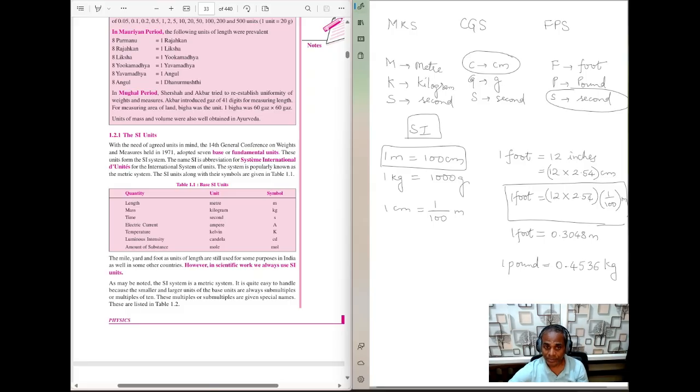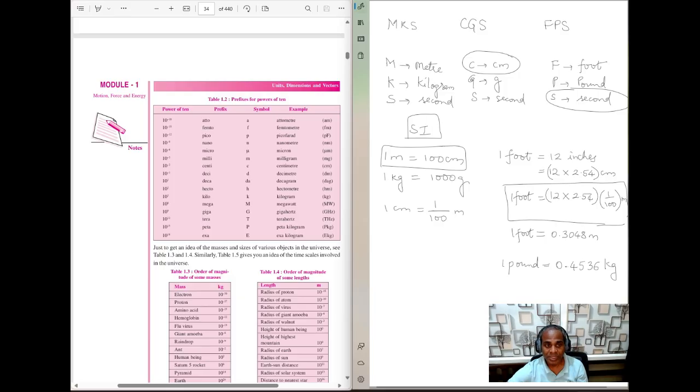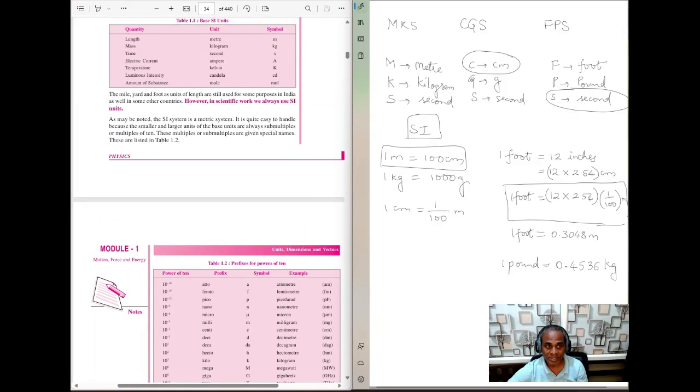Okay. Now let's understand what is meant by the statement that the SI system is a metric system. This means that the smaller and larger units are always submultiples or multiples of 10.